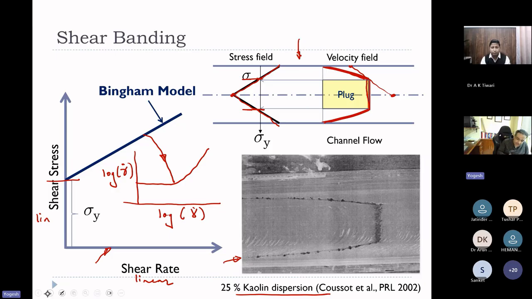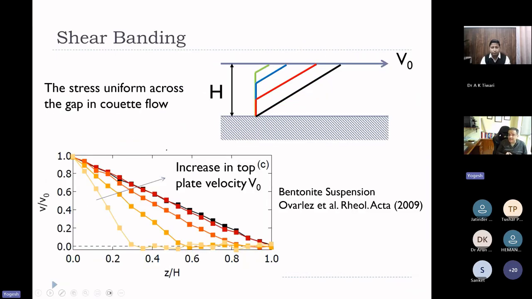And that's the reason this behavior occurs. All right. However, if we use a scenario where there is a bottom plate and top plate moves, okay, then this situation is a constant stress situation.